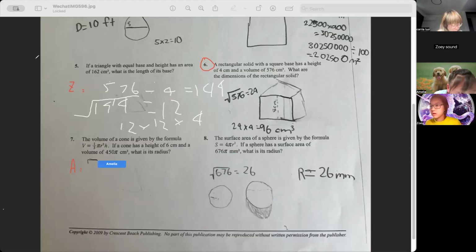I think this is what I wrote on my sheet. I'll try making it a little bit neater. I'll just type it.